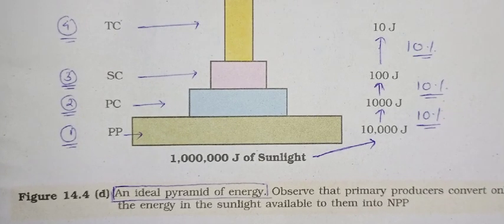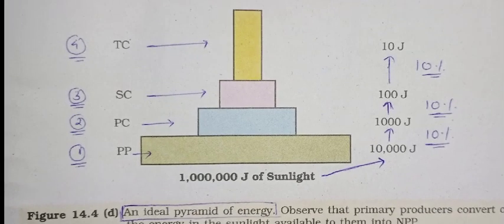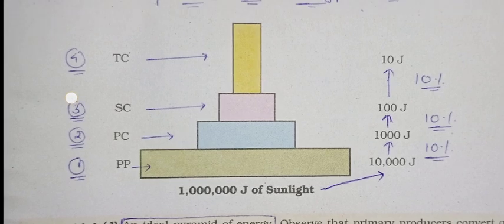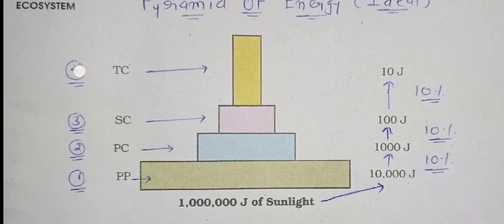Okay, we will understand that sentence later, but first see here 4 trophic levels are there, first, second, third and fourth. The first level is connected with PP, means primary producers. The second is connected with PC, means primary consumers. The third is connected with SC, means secondary consumers, while the fourth is connected with TC, means tertiary consumers.